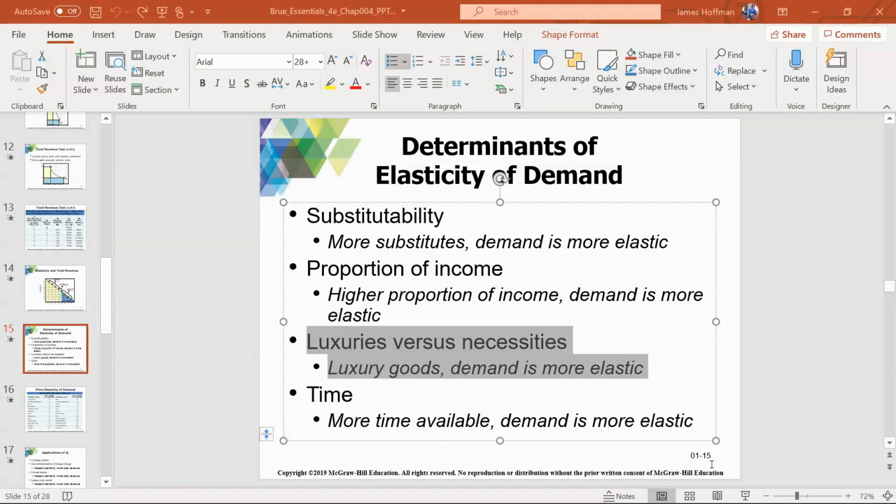Luxury goods are highly elastic but not perfectly elastic unless they are perfect substitutes.